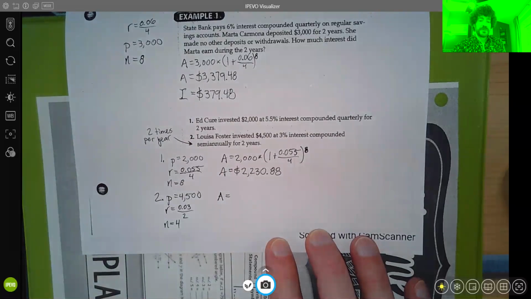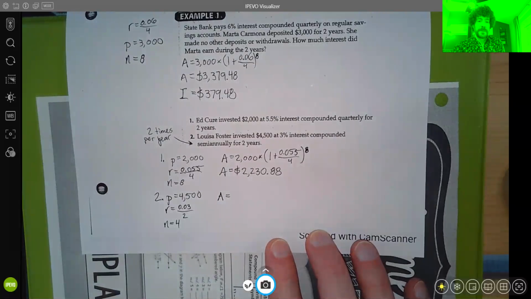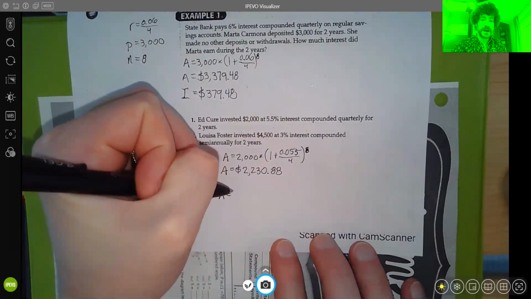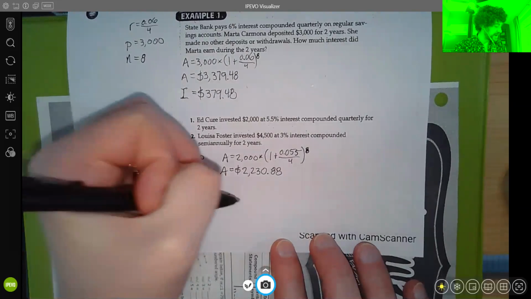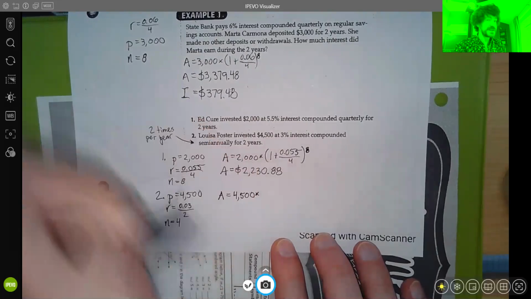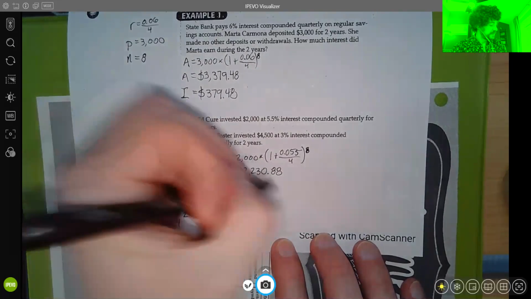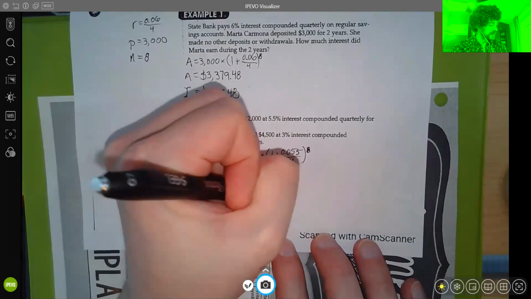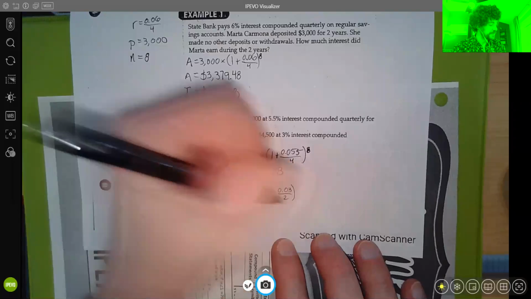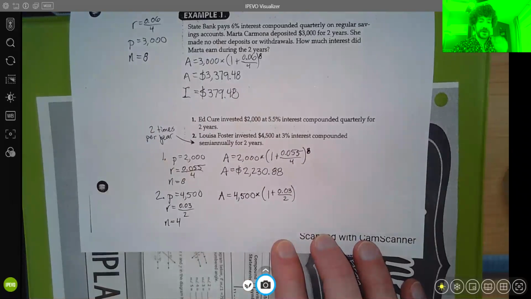We're going to plug that into our formula. So hopefully, Spencer, this time you can see it. I'm hoping that can be seen now. 4,500 principal times parentheses 1 plus the value of R, 0.03 divided by 2, all to the 4th power.